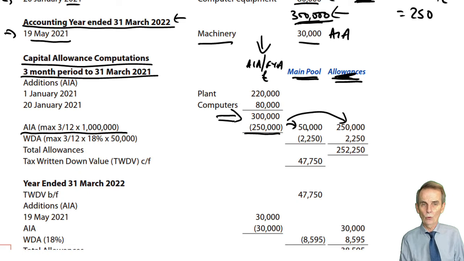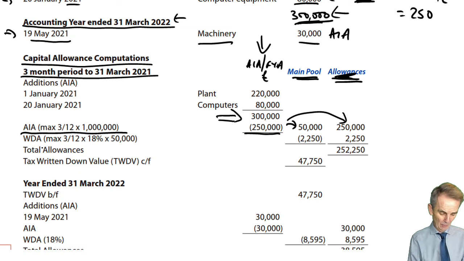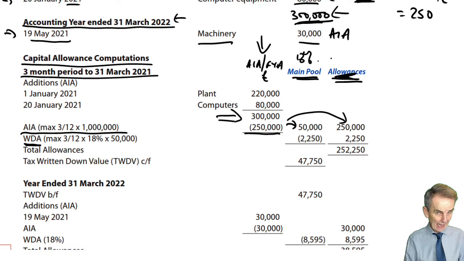Into the main pool, what then is available? We've taken the maximum AIA possible. What is not eligible for AIA is therefore eligible for WDA. It's in the main pool, so that's going to be 18% that we're talking in terms of, but it's an annual figure, so we're going to take 18% of this 50,000 in the pool, but then just take 3/12 of that.